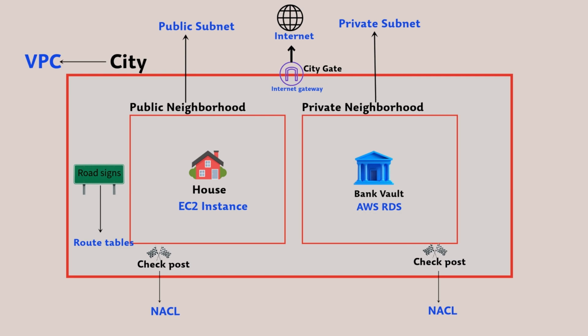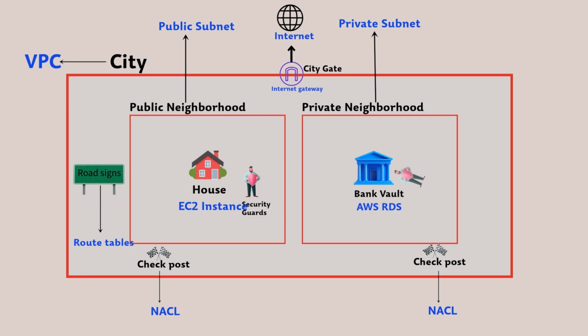That is the network access control list, which is the security layer applied at the subnet level. This is a stateless firewall at the subnet level that controls inbound and outbound traffic using allow and deny rules.